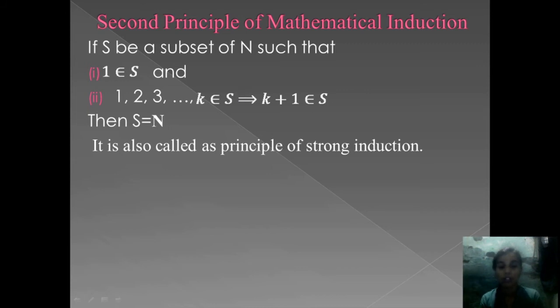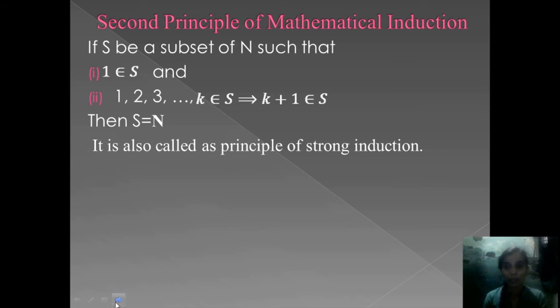But k plus 1 and k are not related to each other, so we cannot go from k to k plus 1 and prove that k plus 1 has a factorization. So in that case we use the second principle, where we can use the subset 1, 2, 3 up to k, they are factorizable, and so k plus 1 is also factorizable.